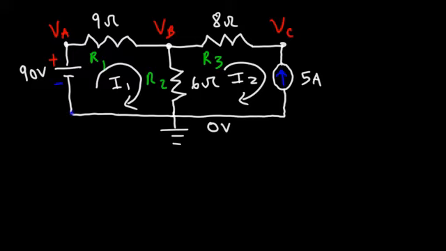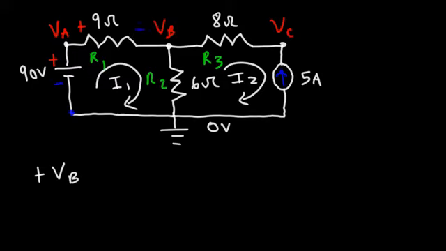So let's say we're starting from this point and we're going to go around the first loop. As we travel through the battery, notice that we're going from the negative terminal to the positive terminal. So that's a voltage rise, so we're going to use positive V, let's say VB for the voltage across the battery. Now going through this resistor, this is the positive side of the resistor and this is going to be the negative side.